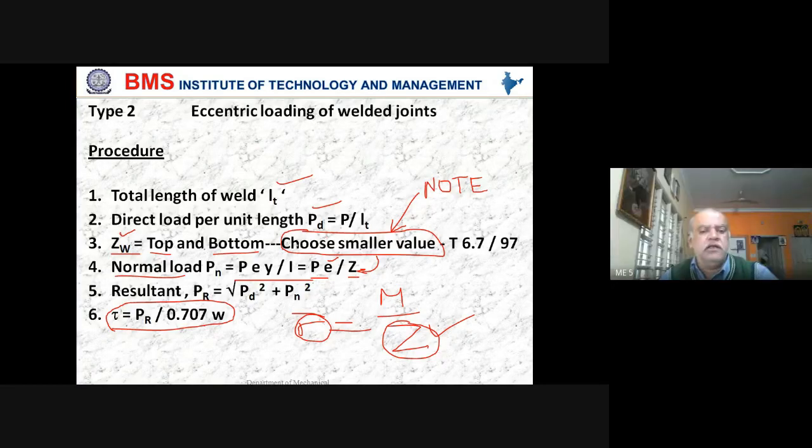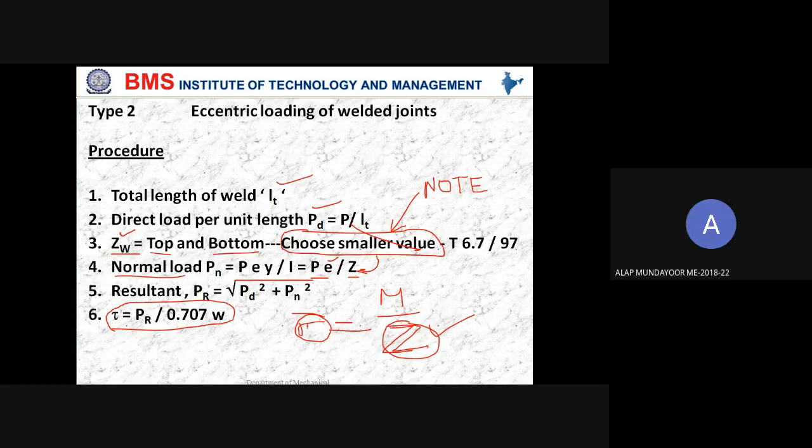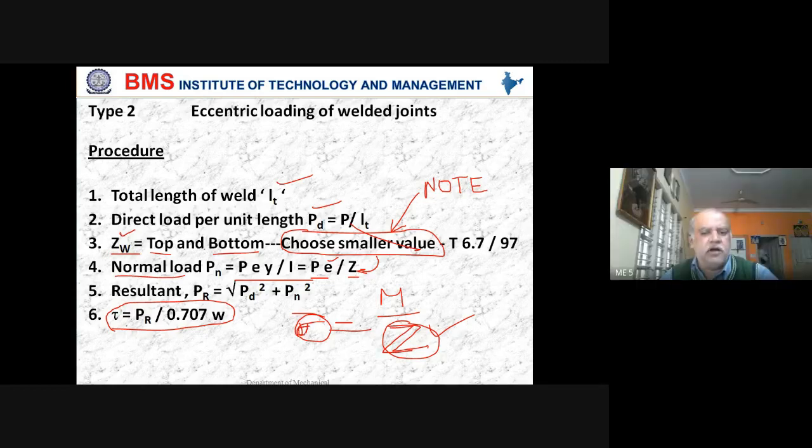See, when I choose a smaller value, then I'll get a bigger stress. Then what I do is, I try to curtail this by increasing the section modulus.